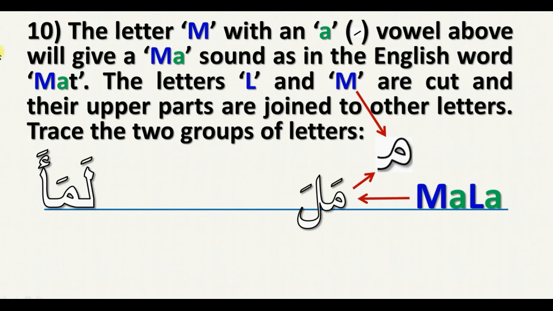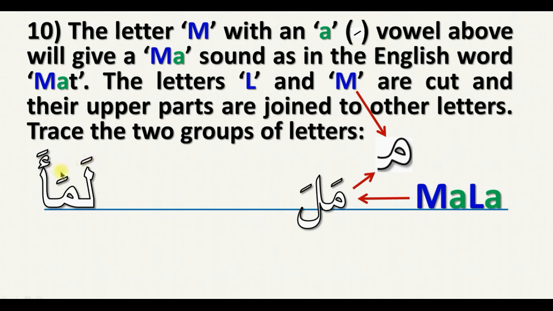In this next group of letters, the L has been cut and joined to the letter M. How do we spell this group of letters? We have L-A la, M-A ma, A-A a, lama a. To begin writing lama a, we start from here. L, M, A, symbol.